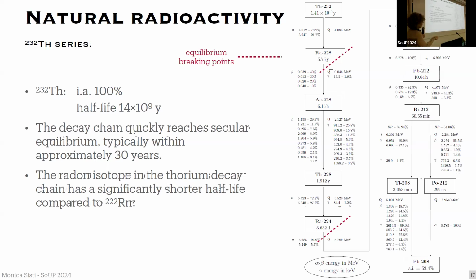And the breakpoint here is radium, so this is the longest-living daughter. So if you break here, for example, in a few years, you can get back the equilibrium of the chain.